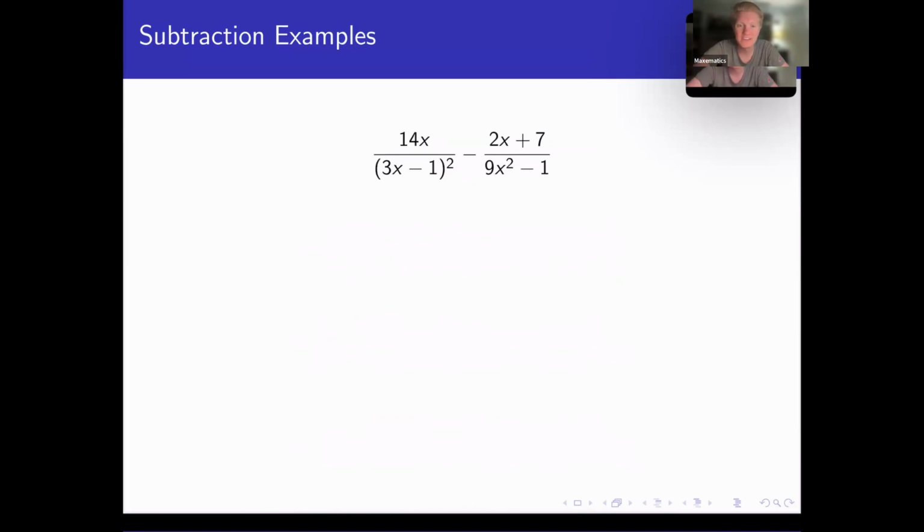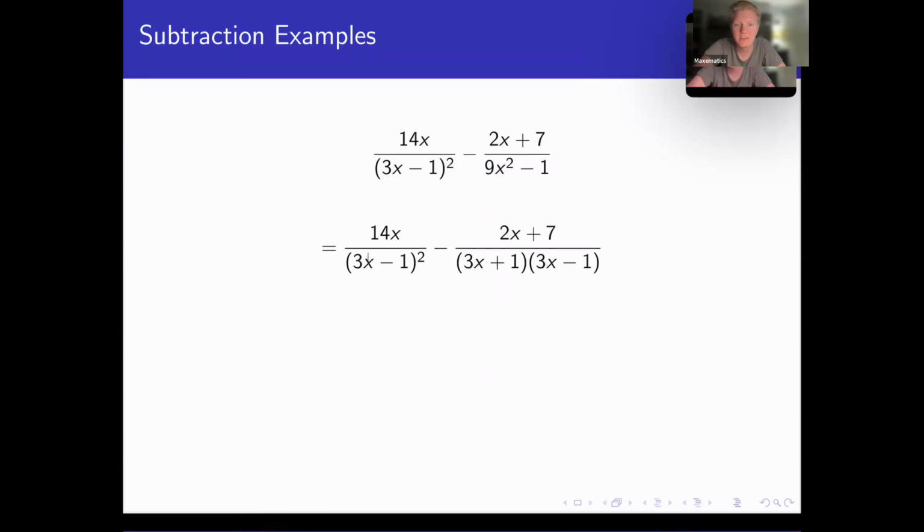Alrighty. 14x over (3x minus 1) squared minus (2x plus 7) over (9x squared minus 1). Again, let's factor fully. 9x squared minus 1 is a difference of squares, (3x) squared minus 1 squared, so we can factor it as 3x plus 1 times 3x minus 1.